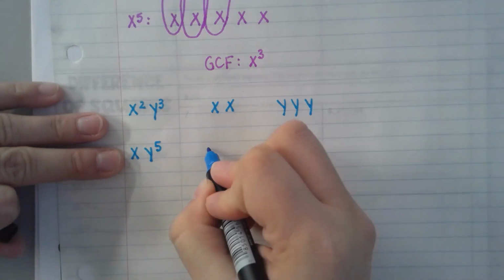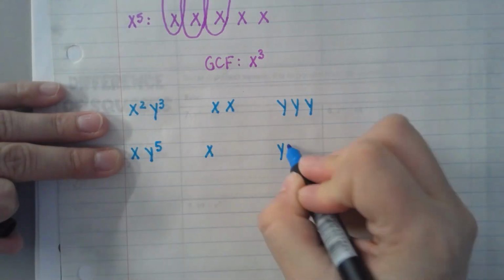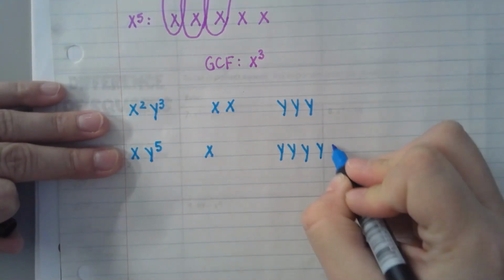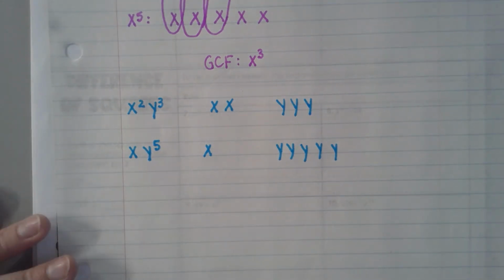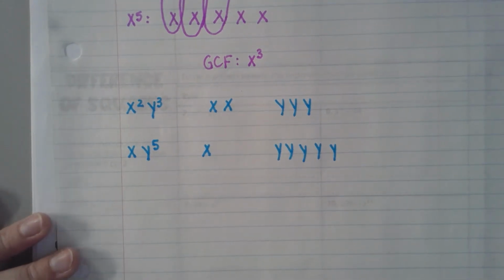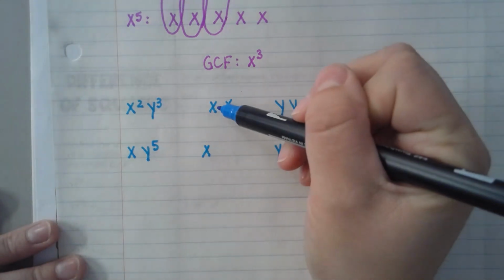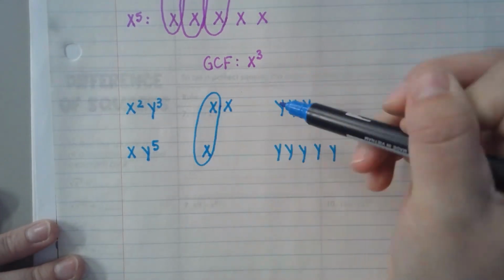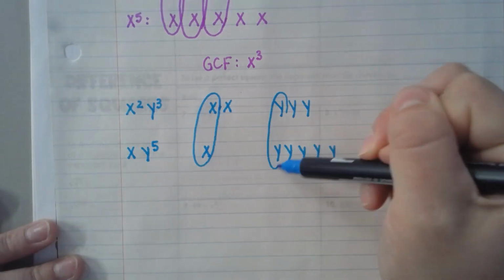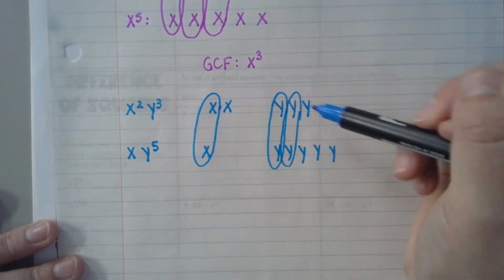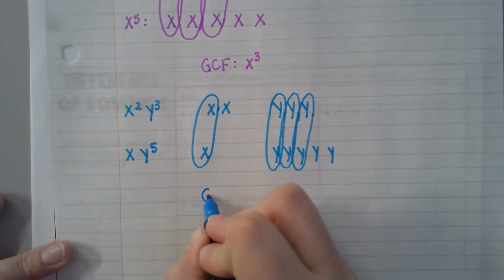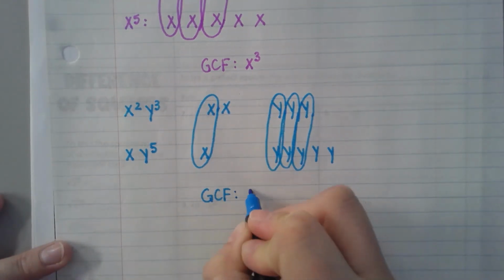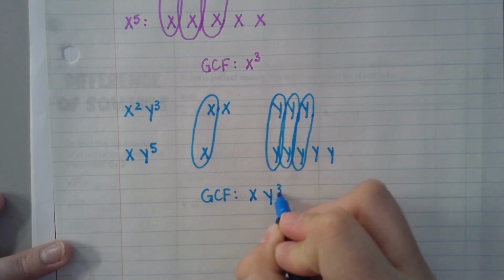This one is x, y, y, y, y, y. Sounds like a 4-year-old saying y, y, y. So how many x's do they have in common? Just the one. How many y's? 3. 1, 2, 3. So the GCF of this one would be x y to the third.